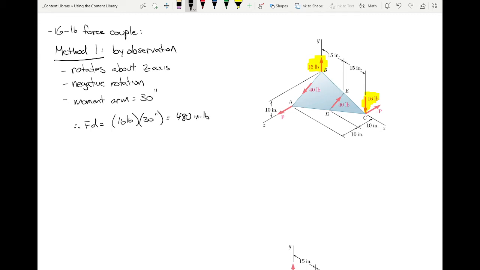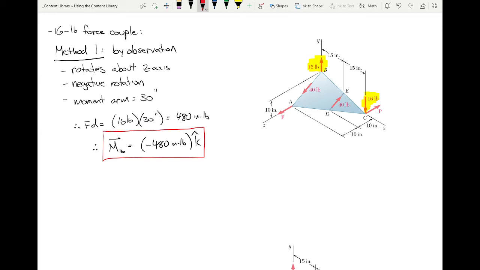I propose then that that vector is simply negative 480 inch-pounds times K. Why K? Because it's about the z-axis. Why negative? Because we discovered based on the direction that it is negative rotation. So, boom. There's the moment generated by that couple.